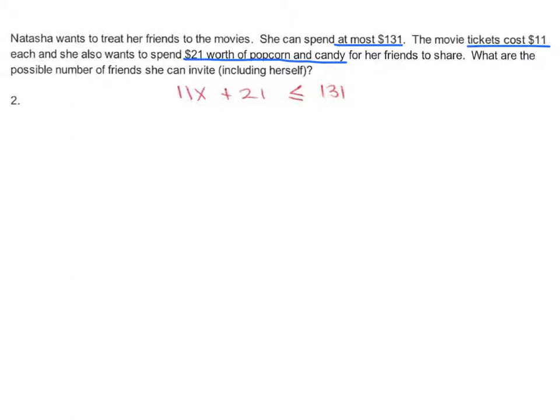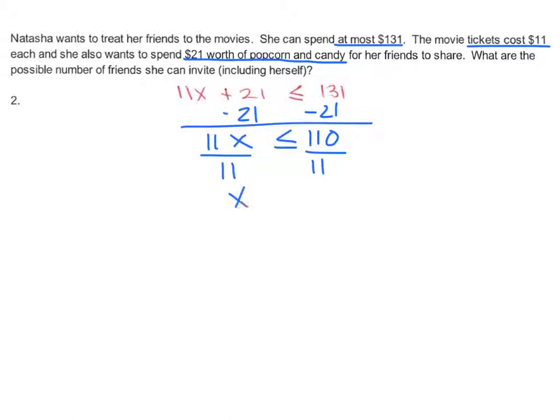First thing we do is subtract 21 from both sides. So now you're going to end up with 11x is less than or equal to 110. Divide both sides by 11. X is less than or equal to 10.